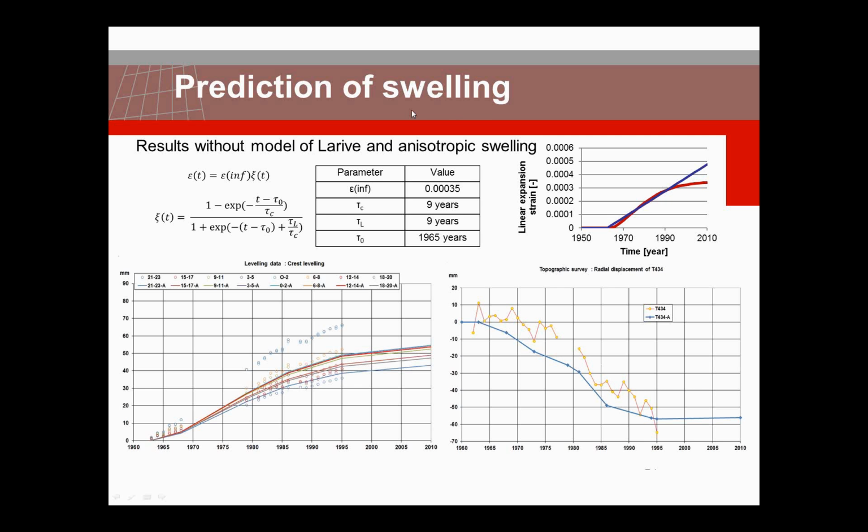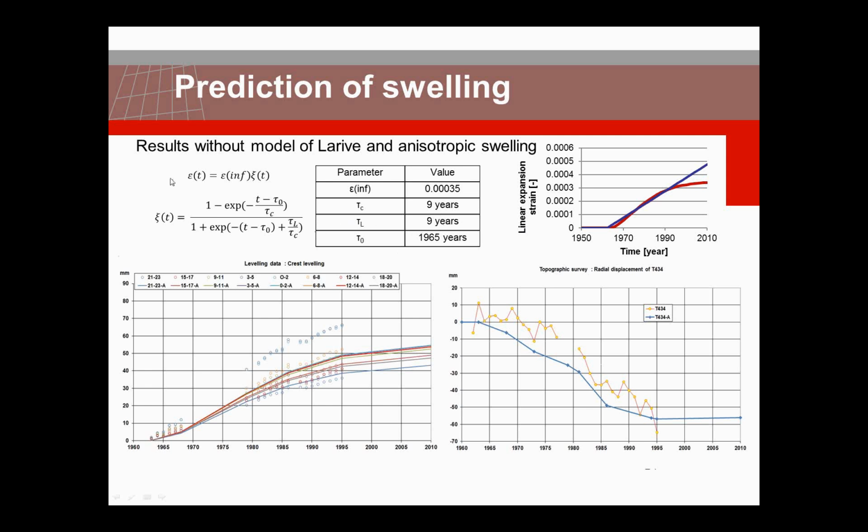And this ASR swelling works in an anisotropic way. It works the strongest in the direction normal to the highest compressive stresses. So they are in the vertical direction. So we defined a swelling which was a little bit stronger in the horizontal direction, a thermal expansion coefficient that was higher in the horizontal direction than in the vertical direction.